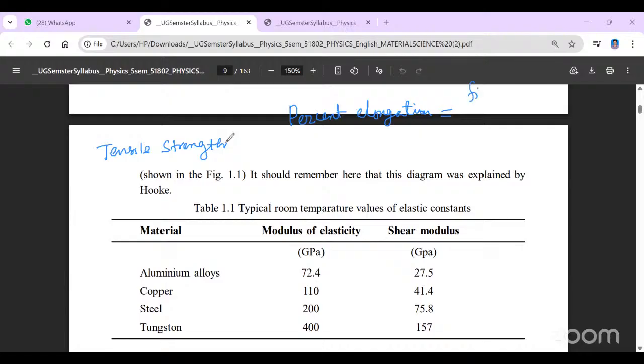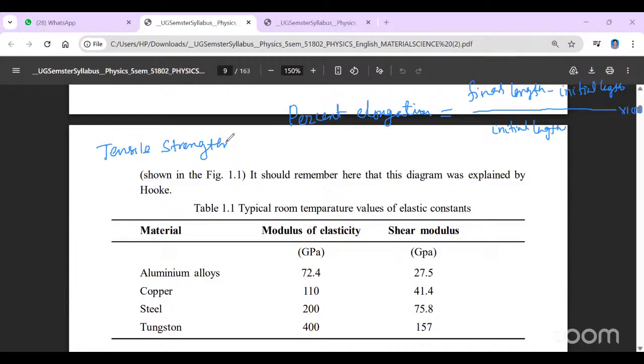So we can write percentage of elongation as final length minus original length, or the initial length, the length when we have not applied any force or stress, divided by initial length, into 100.